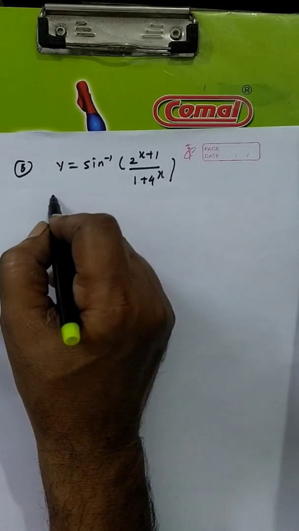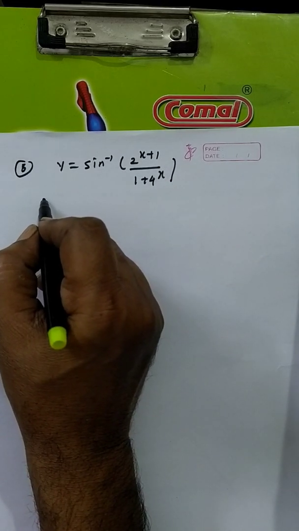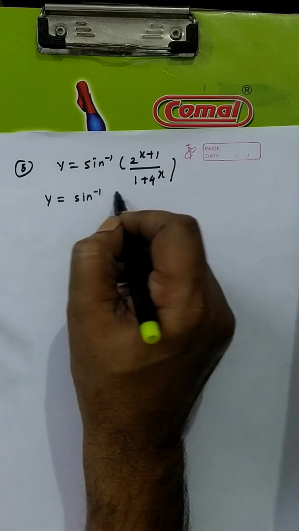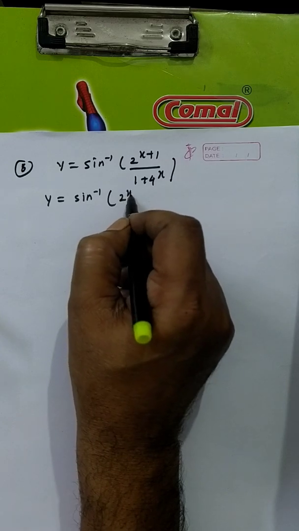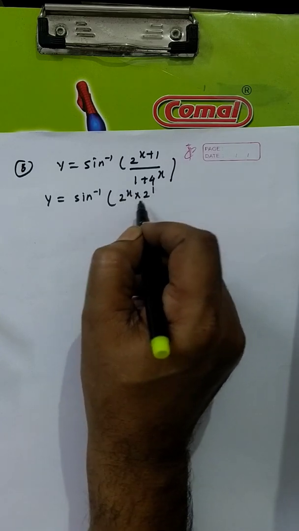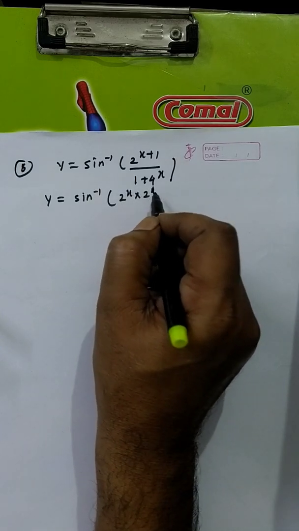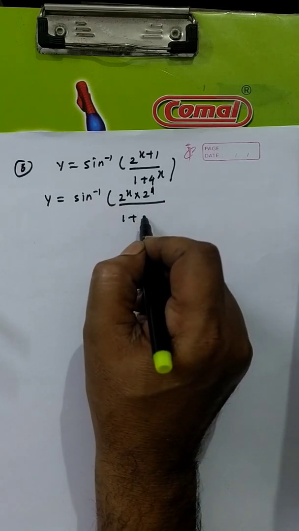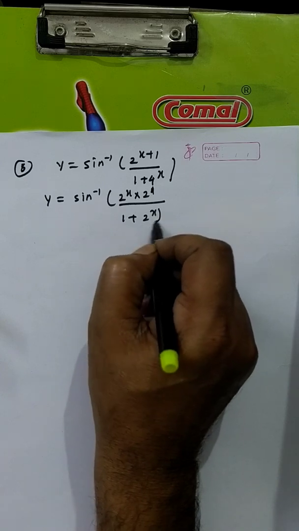Now we can rewrite this as y equals sine inverse of 2 raised to x plus 1, which can be written as 2 raised to x into 2 raised to 1, divided by 1 plus 4 raised to x, which can be written as 2 raised to x whole square.